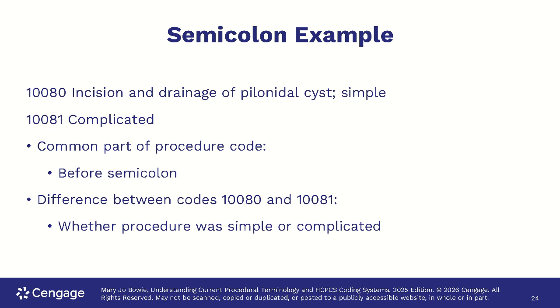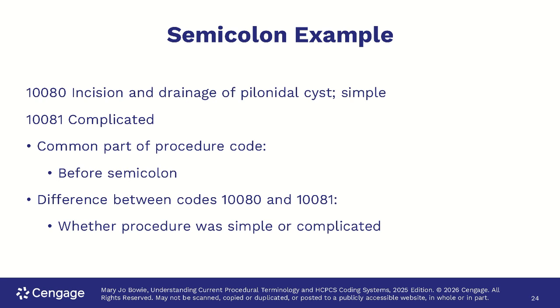Well, whenever you have an indented code, you will read the description of the standalone code, which may not be directly above it. It could be 10 indented codes in a family. Again, you'll see that as we begin to code. Basically, you're looking at an indented code, you go back up to that standalone code, you read the description up to the semicolon, you stop and drop back down to your code.